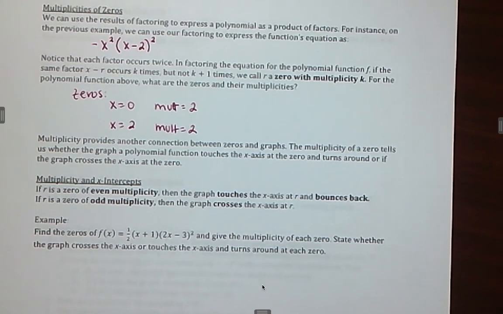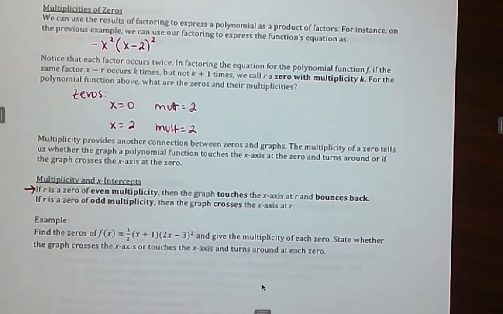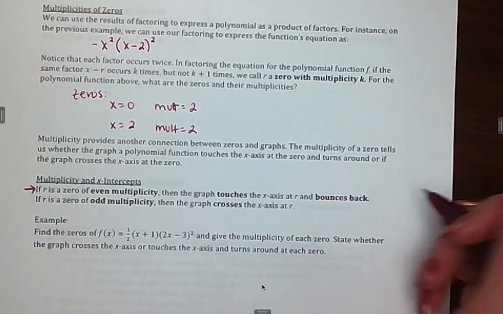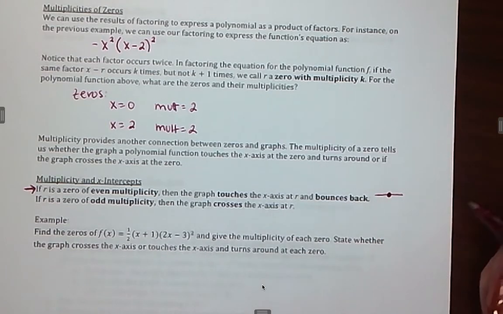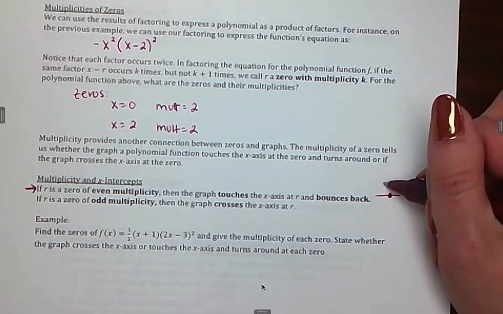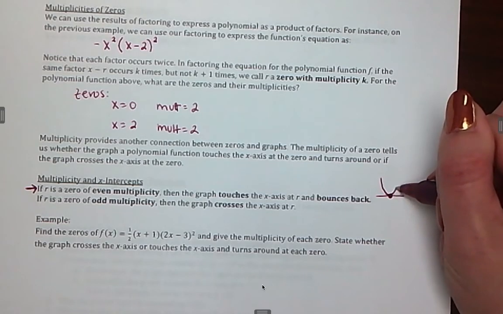So if r has an even multiplicity, the graph touches the x-axis and bounces back. Think about it like a parabola. As you get to the x-axis, that's your x value, and if its multiplicity is even, it's going to look like a parabola. It's going to touch the x-intercept and then bounce back.